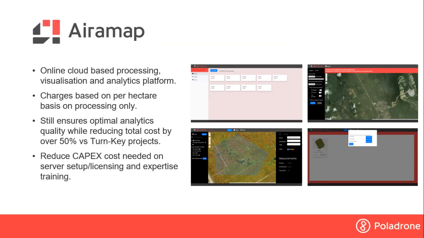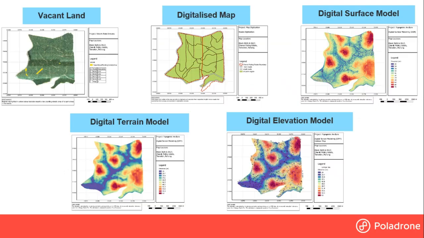These are the service or output results we can generate. This is just part of it, including the working land digitization map, DSM model, DTM model, or DEM model, and we can even generate the output with a 2D RGB map and also a 2D thermal map.